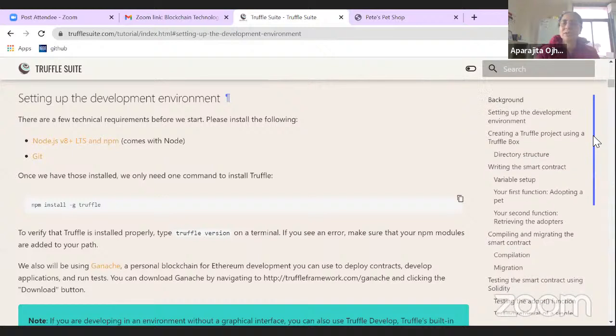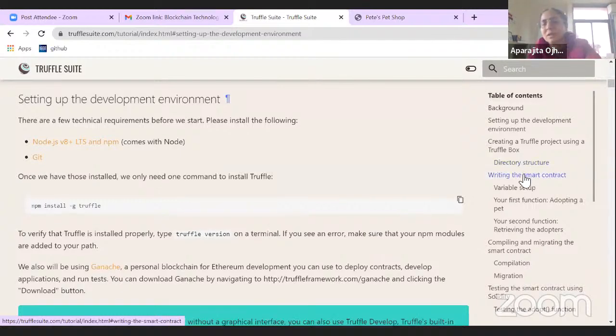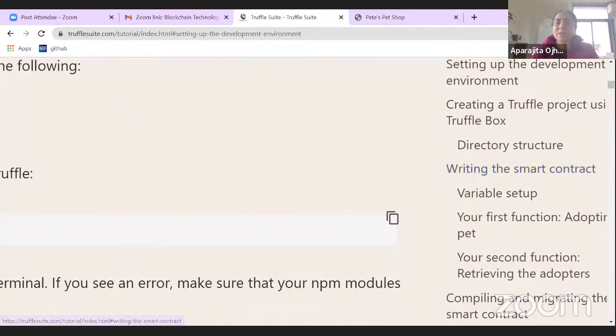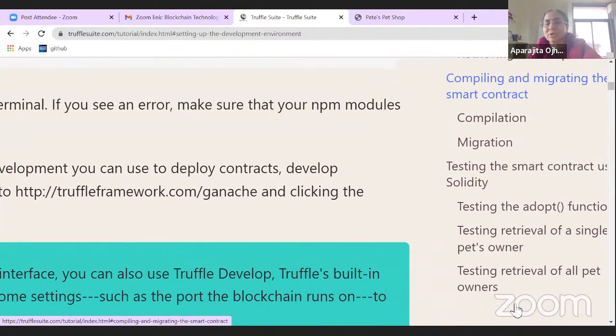What I wanted to tell you is that if you follow these steps on the right line by line, your first application function is adoption of pets, your second function is retrieving the adopters, then compiling and migrating the smart contract, and then testing the smart contract.